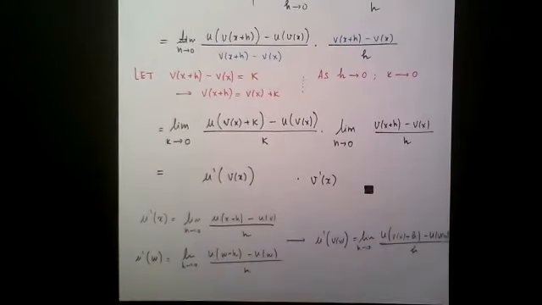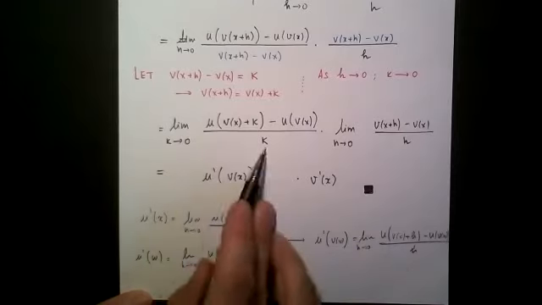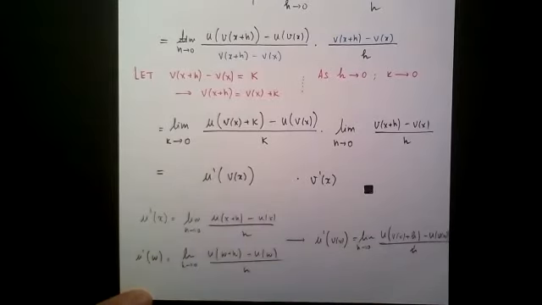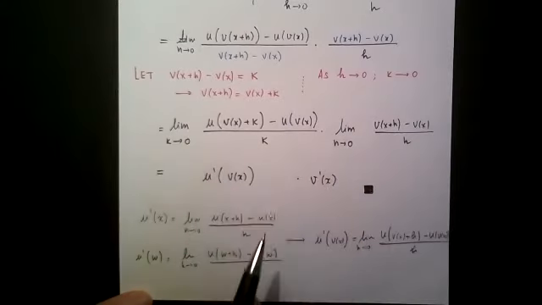That's it. This and this is the same thing, except here I use the variable h and there I use the variable k. Is it okay? Yes. It's a simple derivative formula.